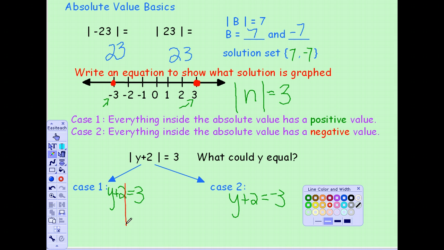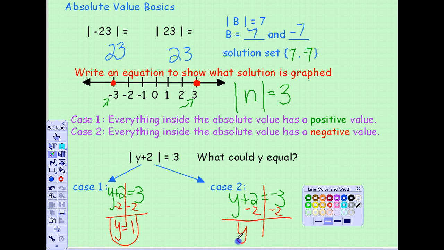Now, when we solve these, we're going to solve them just like a regular one-step equation. So we go ahead and do a -2 to both sides. In this first case, we get y equals +1. Okay? And in case number 2, we're going to get the same steps, but we're going to end up with a different answer. So we do that -2 to both sides.